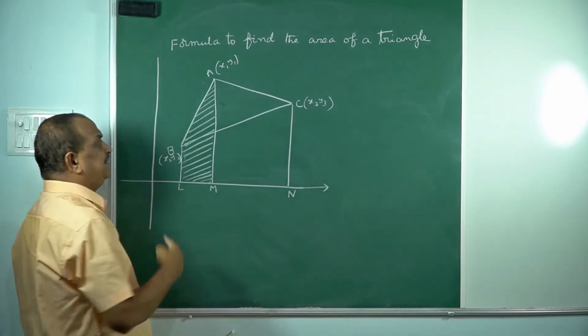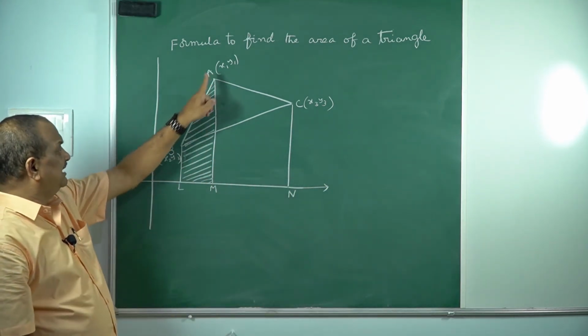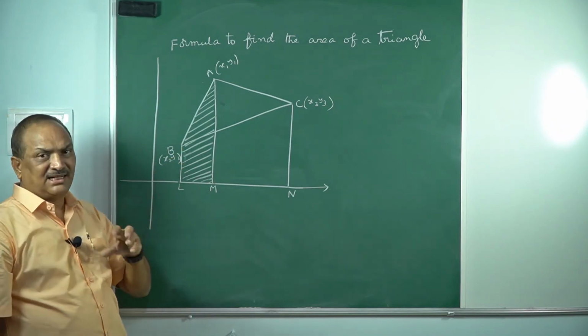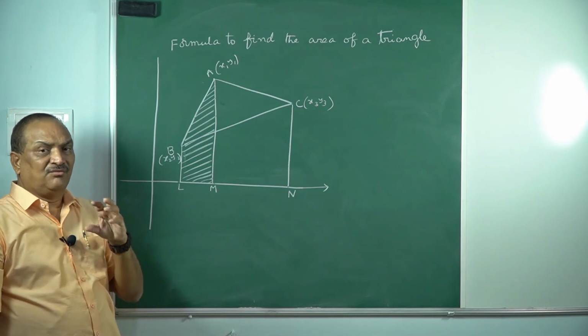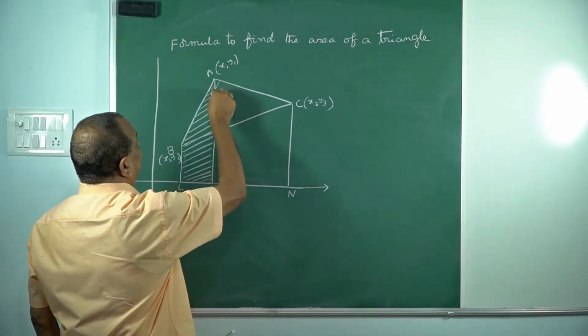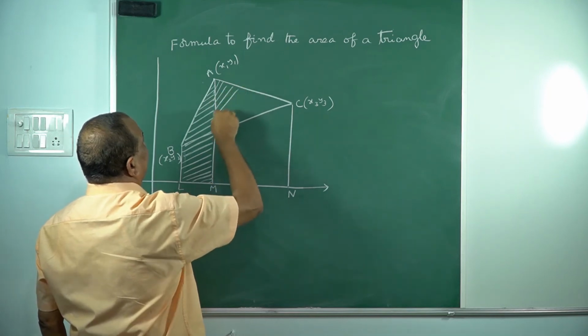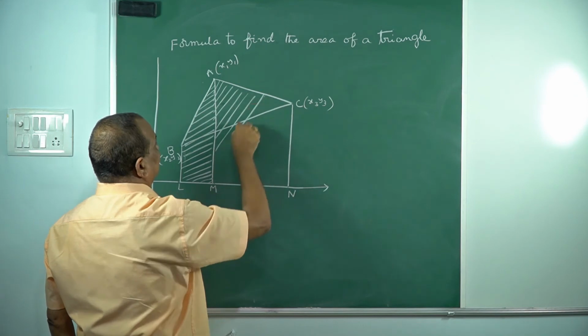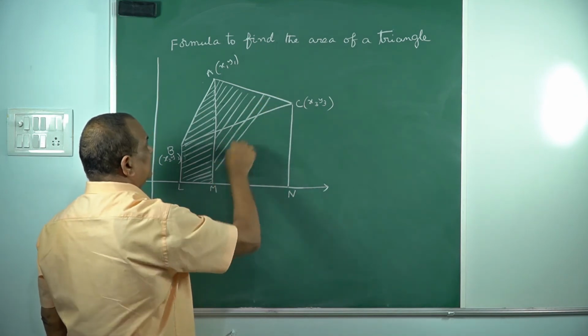Now what is the trapezium that is labeled A, B, L, M? That is one trapezium we have identified. There is another trapezium we are trying to identify. This is the second one. Can you name this one?